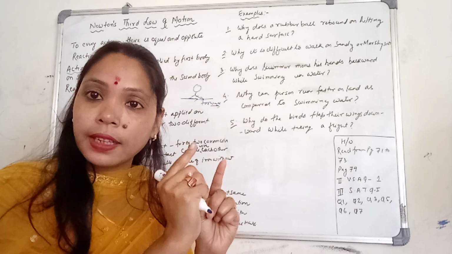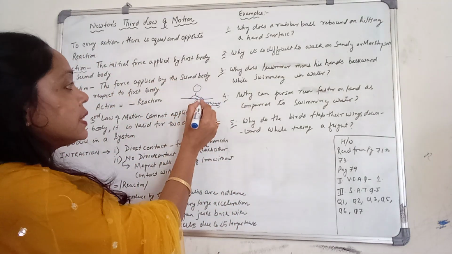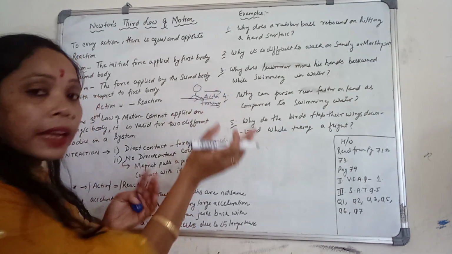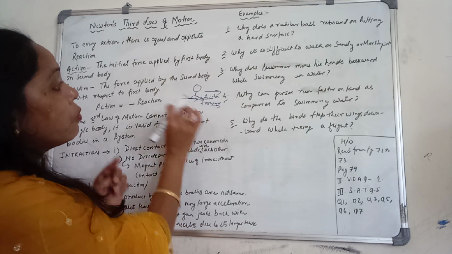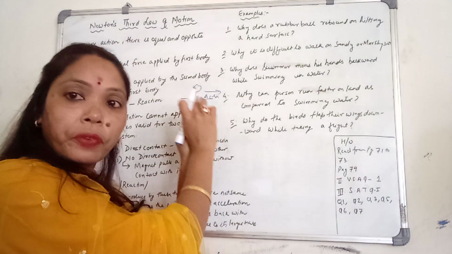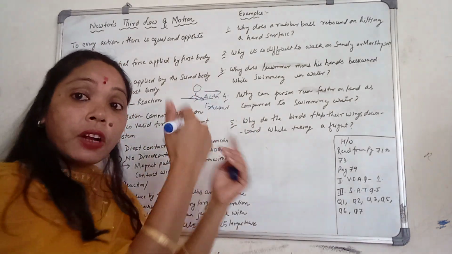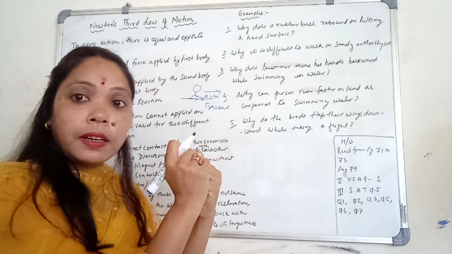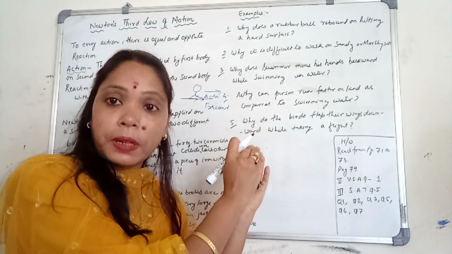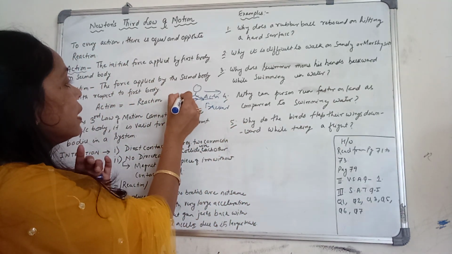That is your action force. Now with respect to this action, the action is in the backward direction. Whenever we apply the force of action in the backward direction, the equal and opposite reaction exerted by the ground on the feet of the person is in the forward direction.